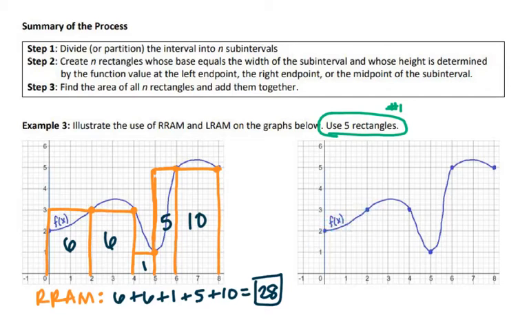So now we're going to look at the same points, but this time when drawing my rectangle between each pair, instead of using the right hand point of the rectangle, I'm going to use the left endpoint. Okay, so in this case, we're going to start our rectangle here on the left and draw that height. And again, and again.